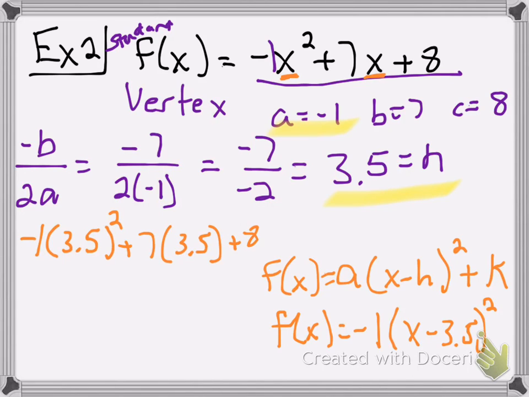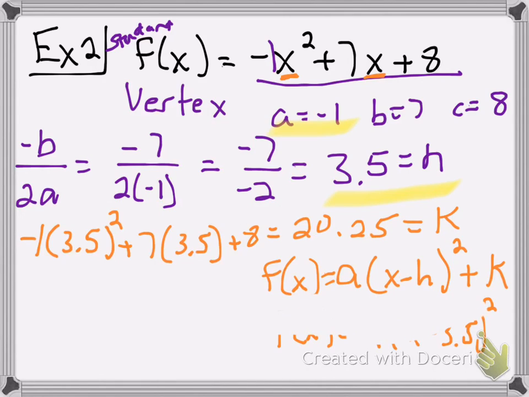Let me do a little bit of math in my head. I think it's going to be... someone's going to have to check this. I think it's 20.25 equals K. So if I'm going to rewrite this, which I need some more room, I'm going to write it in a different color. Let's go red.